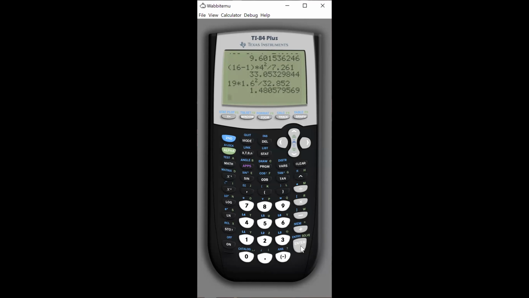Press enter. That gives me 1.48. I'm going to give one decimal place, so 1.5.